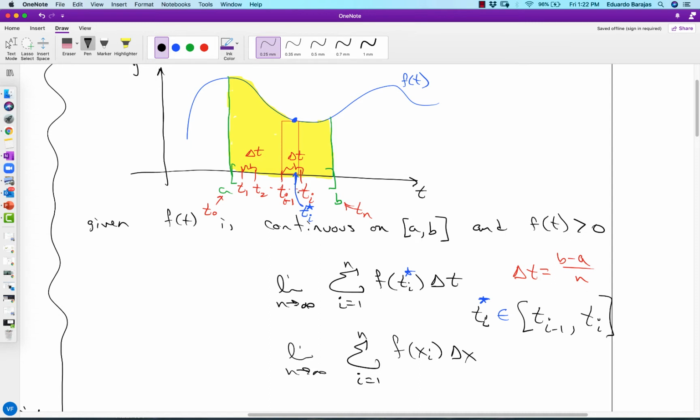Okay, so that's how we initially described it. And then we noticed that the t sub i's make a sample, right? So let me get rid of this notation here.